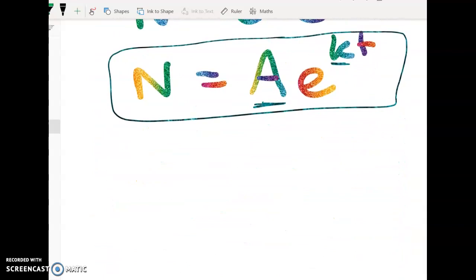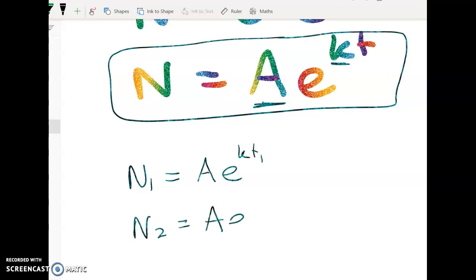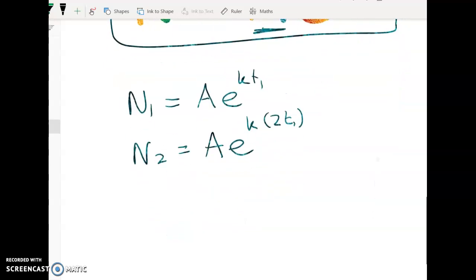Next thing we're going to do is substitute in the 2 points that we've got. So the first point, t1, n1, fits this pattern: n1 is equal to A e to the kt1. And then n2 is equal to A e to the k times 2t1. And I'm going to divide one by the other.